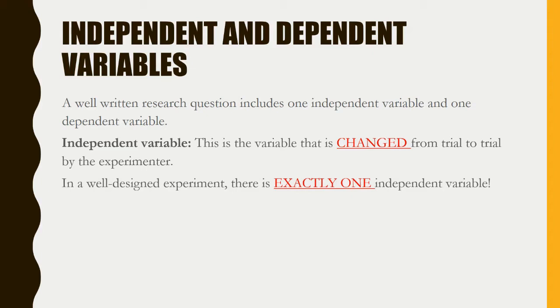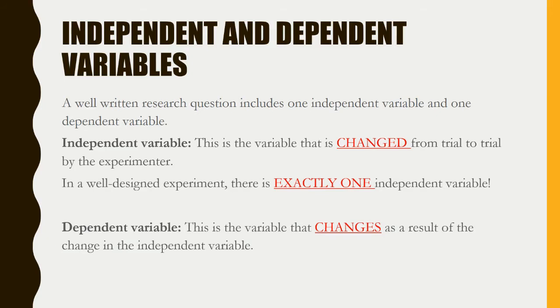Now let's talk about the dependent variable. The dependent variable is the variable that changes as a result of the change in the independent variable. With this, I like to use an acronym. Our acronym is DRY MIX.